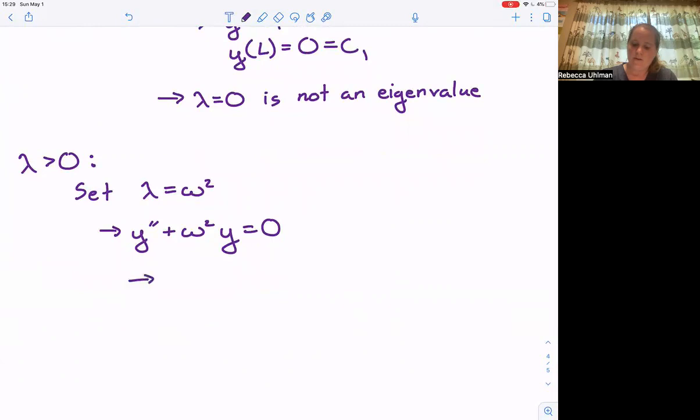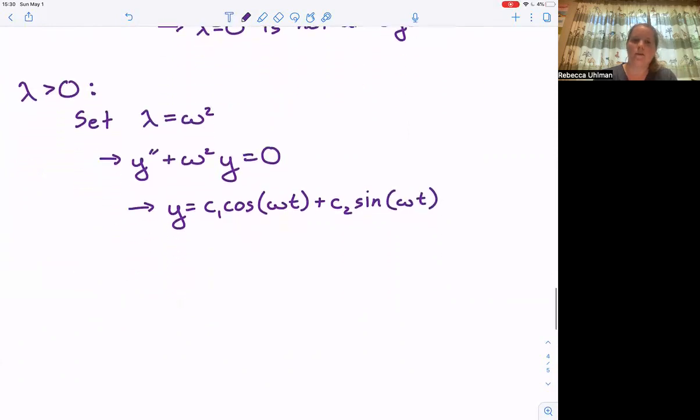We know this has general solution y is C1 times cosine of omega t plus C2 times sine of omega t. We also have that y prime is negative C1 omega times sine of omega t plus C2 omega times cosine of omega t.